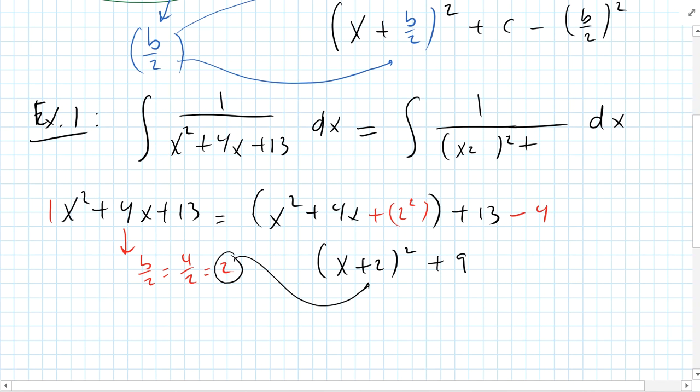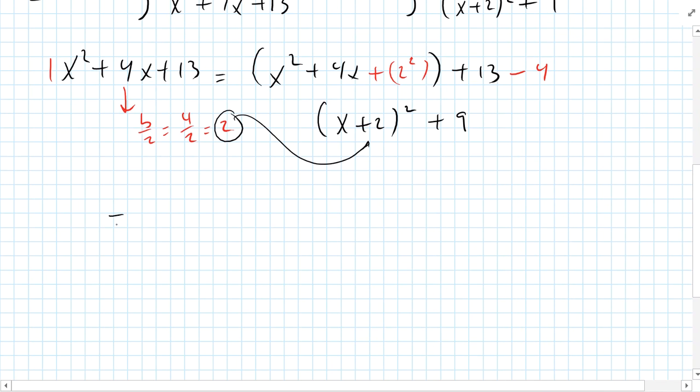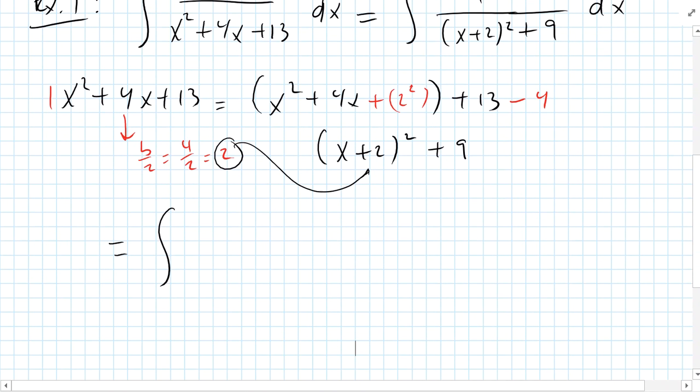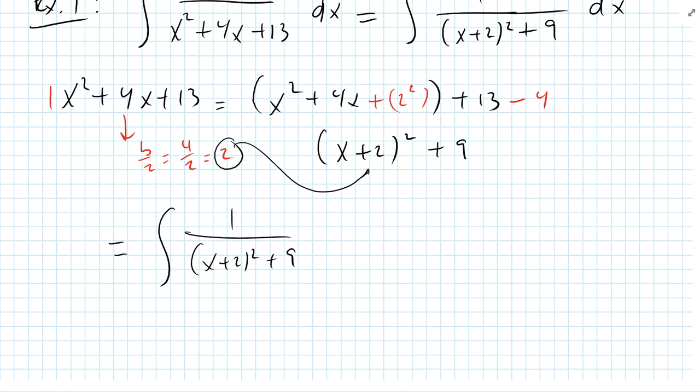If I'm going to integrate that, that becomes the integral of 1 over x plus 2 squared plus 9. That means that a is equal to 3 and u is equal to x plus 2. That means du is dx, and I'm in business.